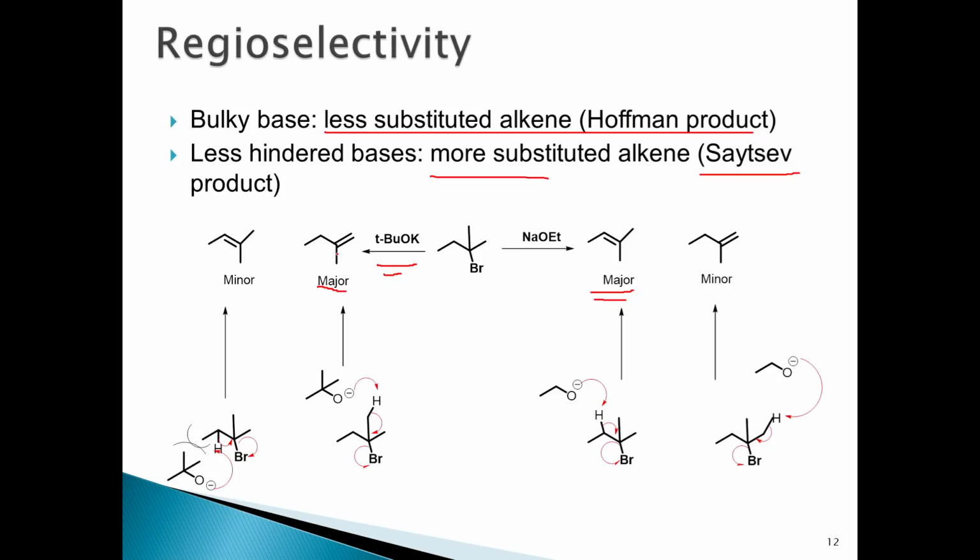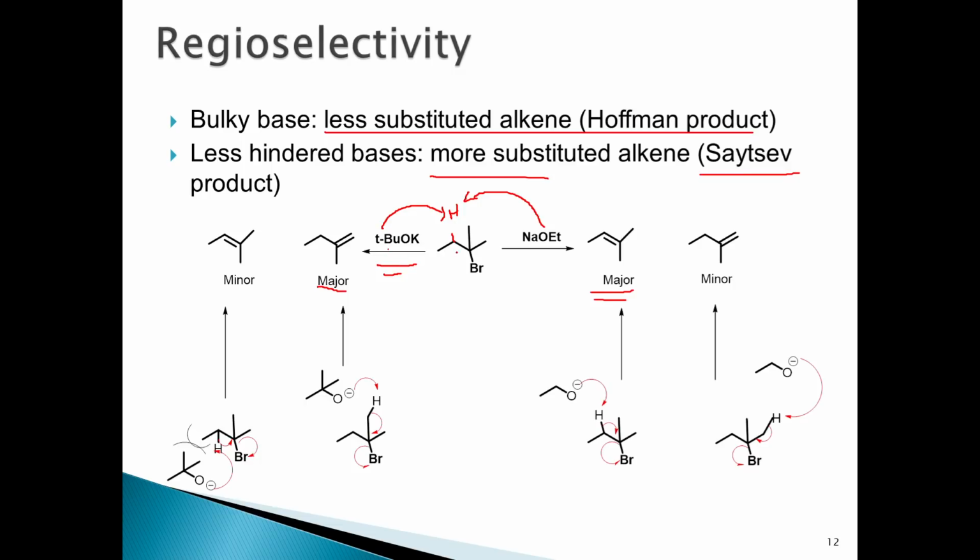The reason for that is pretty simple, because a bulky base would not like to abstract a proton from this side. This sodium ethoxide is basically abstracting a proton from this side, but a tertiary butoxide group will not like to abstract a proton from this side because of steric hindrance from the two methyl groups.